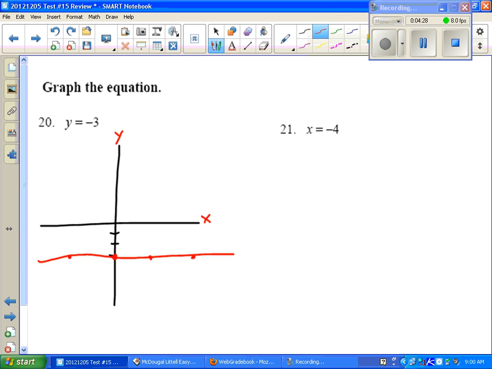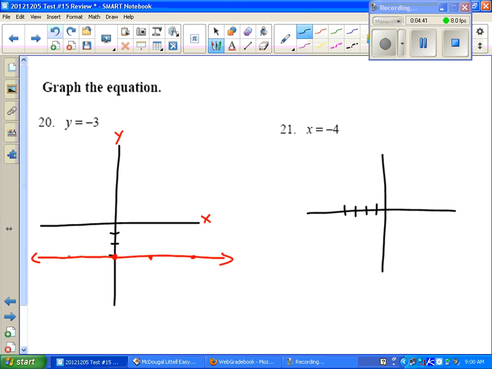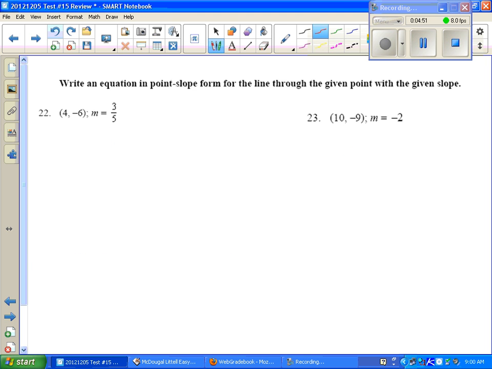So we get not a wavy line like that, but a horizontal line that looks like that. y's value is negative 3. Likewise, x's value is negative 4, so negative 1, 2, 3, 4 on your x-axis, it'll always be negative 4. So what we're going to have there is a vertical line.